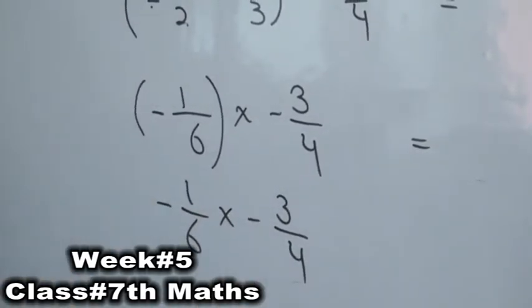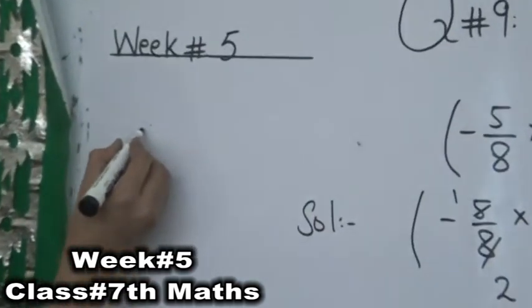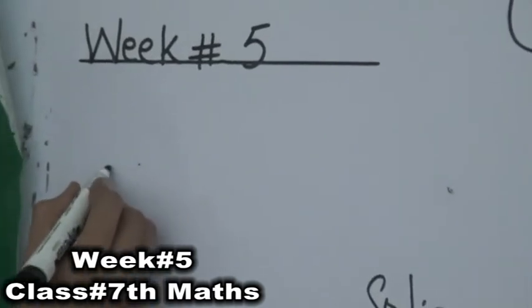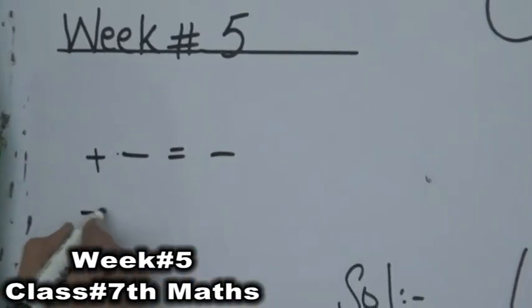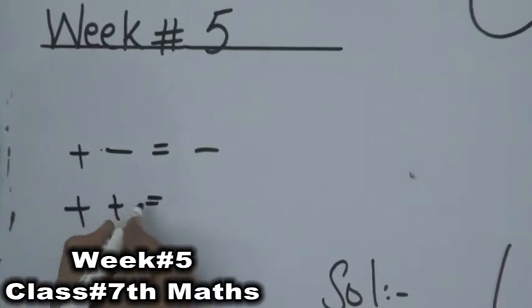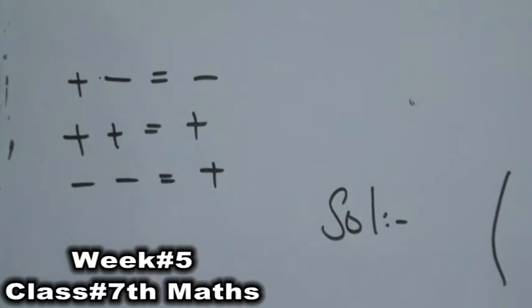Here I will tell you that in algebra multiplication, plus minus is equal to minus, plus plus is equal to plus, and minus minus is also equal to plus.